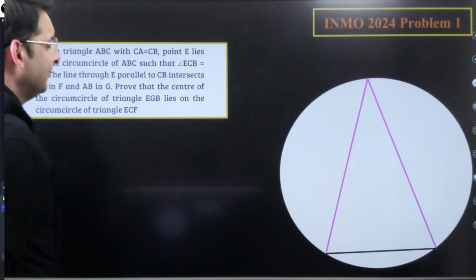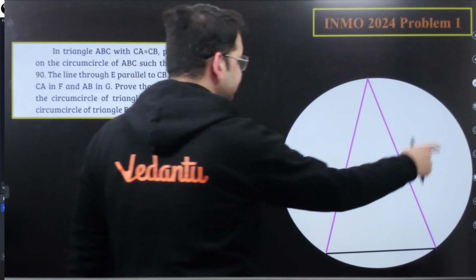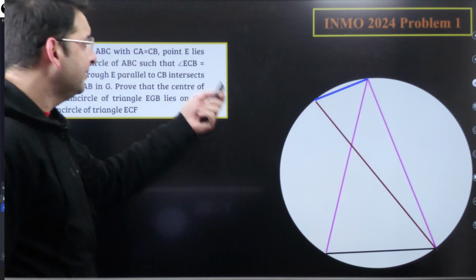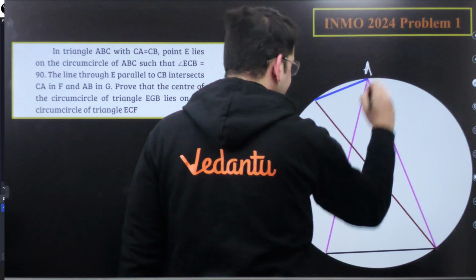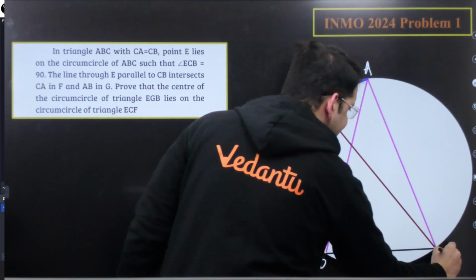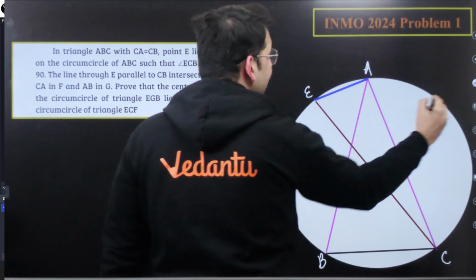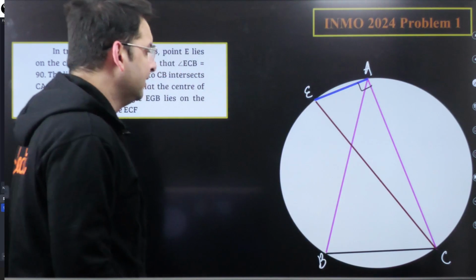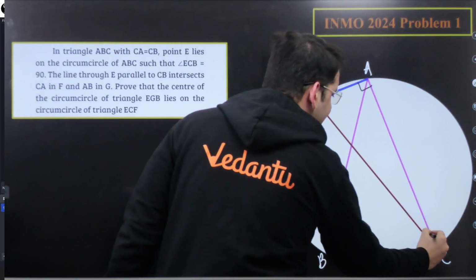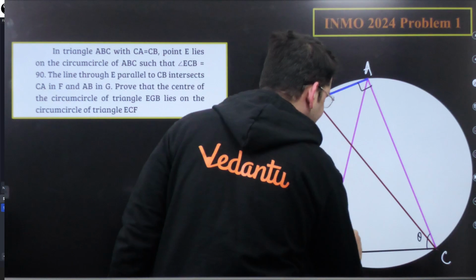I have already marked this. So this is A, this is B, this is C, and this is E. Clearly this angle is 90 degrees. Also, this angle, let's say it's theta, this angle is also going to be theta.